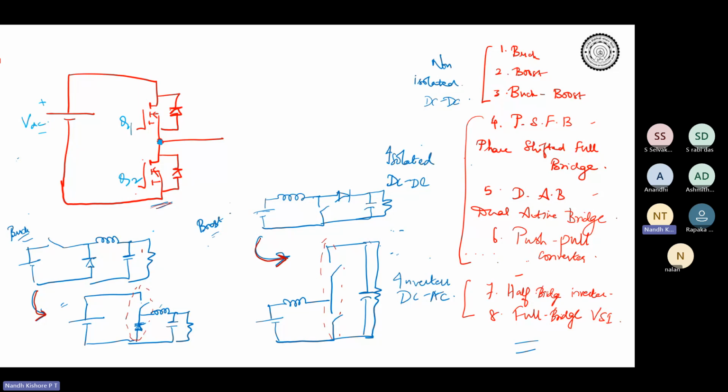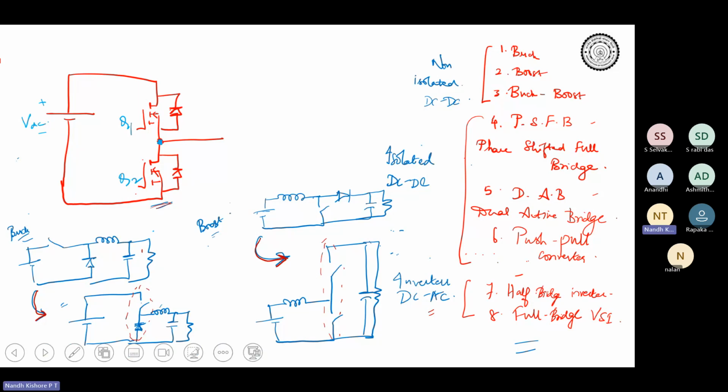Correct. So let's say you take an inverter. I'm not going into the isolated DC-DC converters because probably they are out of scope of this course. But if you take a half bridge inverter, what is a half bridge inverter?